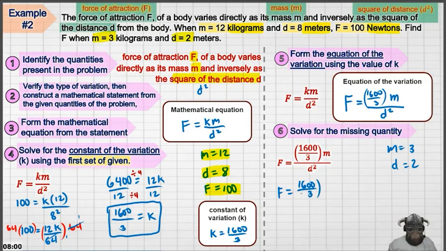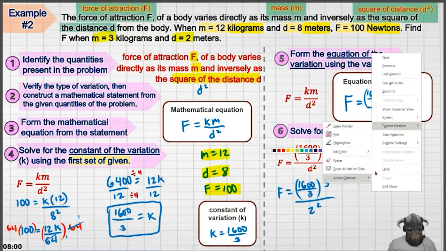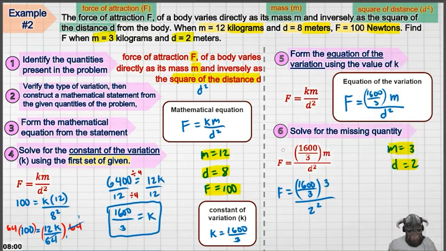1,600 over 3 times M is 3. So, lagay lang natin. O, kita nyo, maka-cancel naman pala or madi-divide. Then, D is 2. So, this one is 2 squared, supposed to be 4. Now here, simplify lang muna natin yung mga pwedeng i-simplify. Ito magiging 1. 'Di ba? We can divide. 3 divided by 3 will be 1.